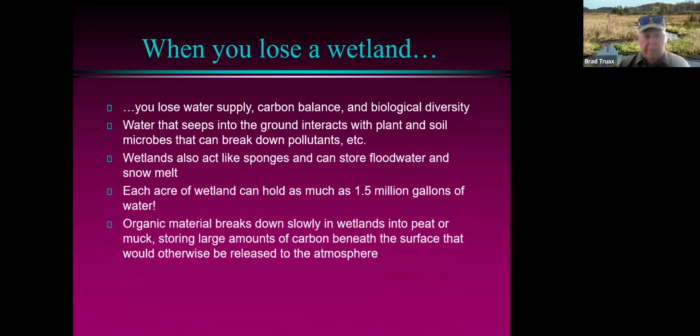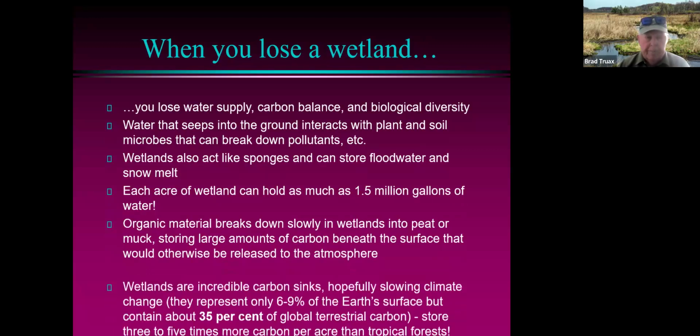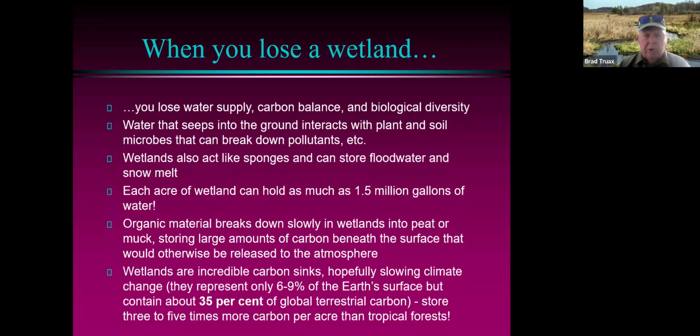And once organic material breaks down slowly in the wetlands into peat or muck, that stores large amounts of carbon beneath the surface that otherwise would be released to the atmosphere. So it fights climate change and global warming. Wetlands are actually incredible carbon sinks, and hopefully they will slow climate change.